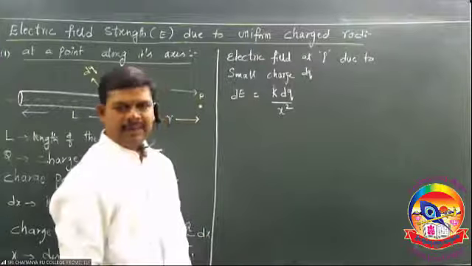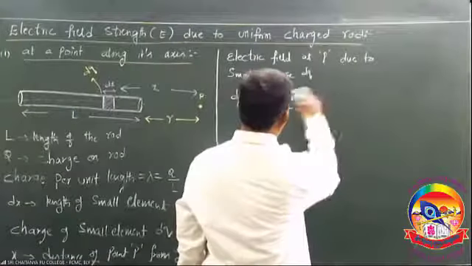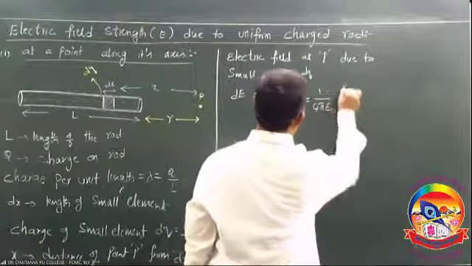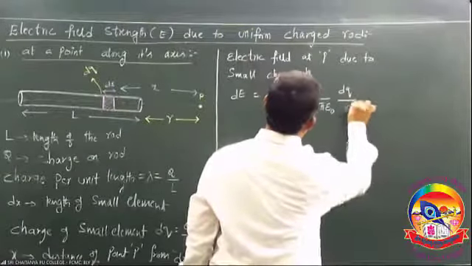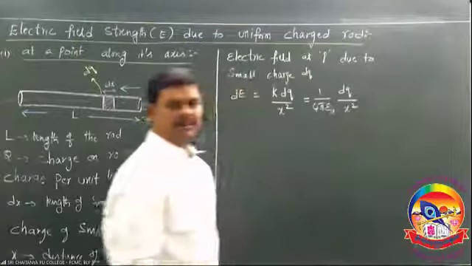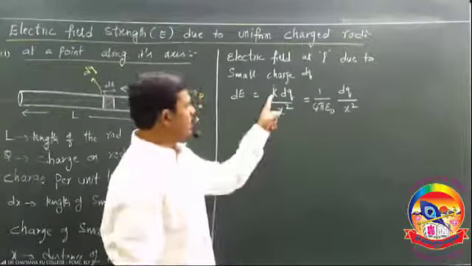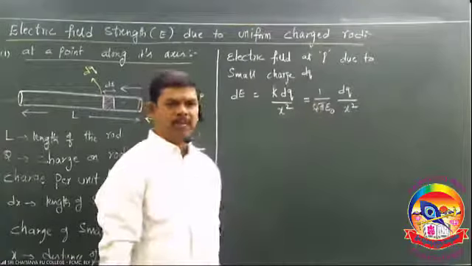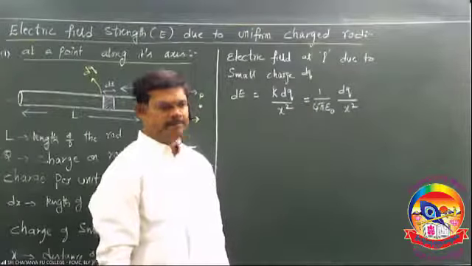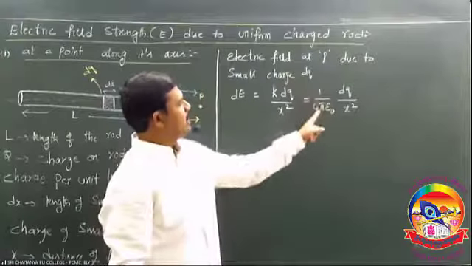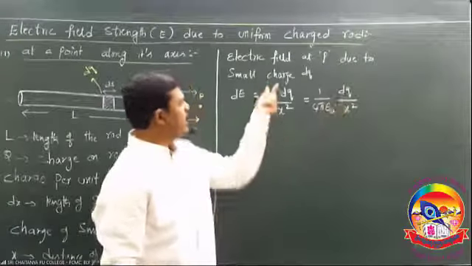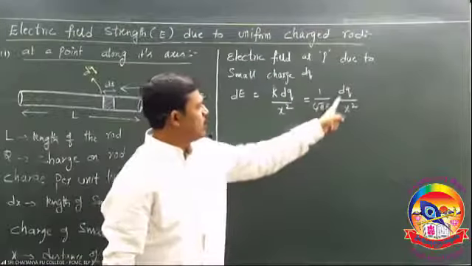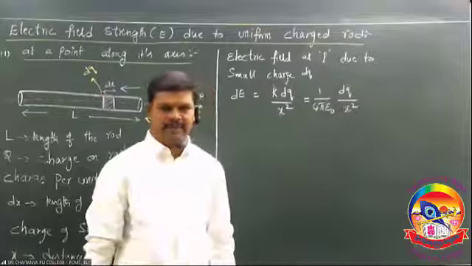What is K? 1 by 4 pi epsilon naught, dq by x square. Even directly you can write like this. Sometimes in the problems they give k dq by x square, where this constant k is 1 by 4 pi epsilon naught. Remember? Well, 1 by 4 pi epsilon naught charge by distance square. Here due to the charge dq, what is the intensity at this point? 1 by 4 pi epsilon naught dq by x square.